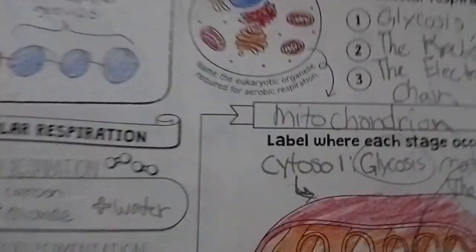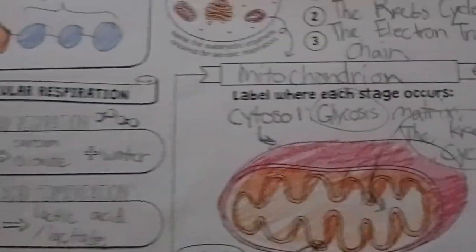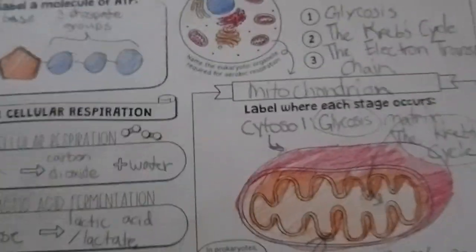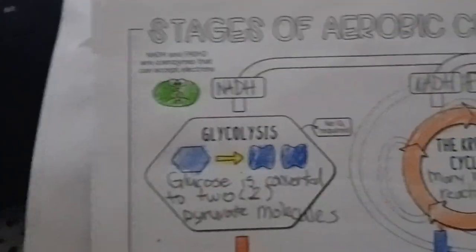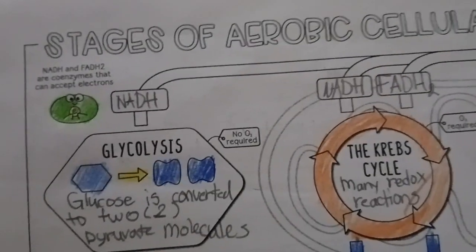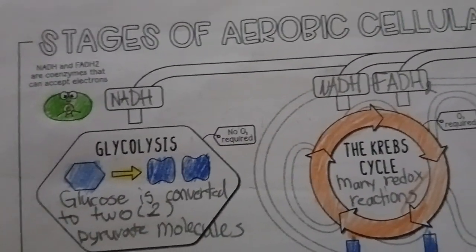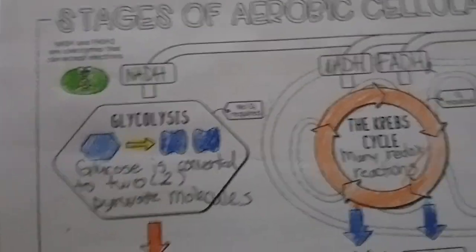All of this takes place in the mitochondrion. NADH and FADH2 are coenzymes that can accept electrons. So these are the stages of cellular respiration.